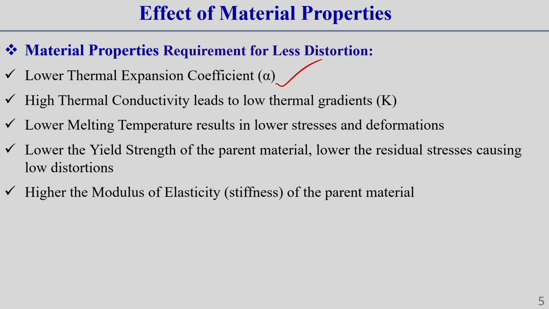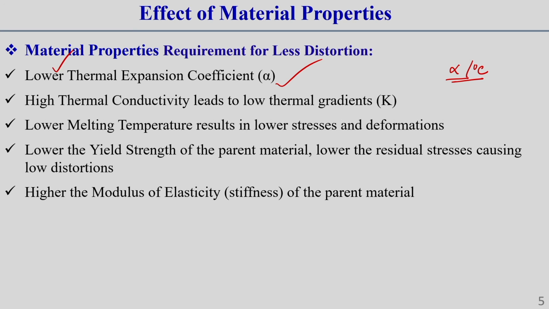The thermal expansion coefficient means the increment of length per unit length per unit temperature; its unit is per degree centigrade. If the thermal expansion coefficient is more, the thermal expansion will be higher, so the thermal contraction will be higher, and so the deformation or distortion in that structure will be higher.